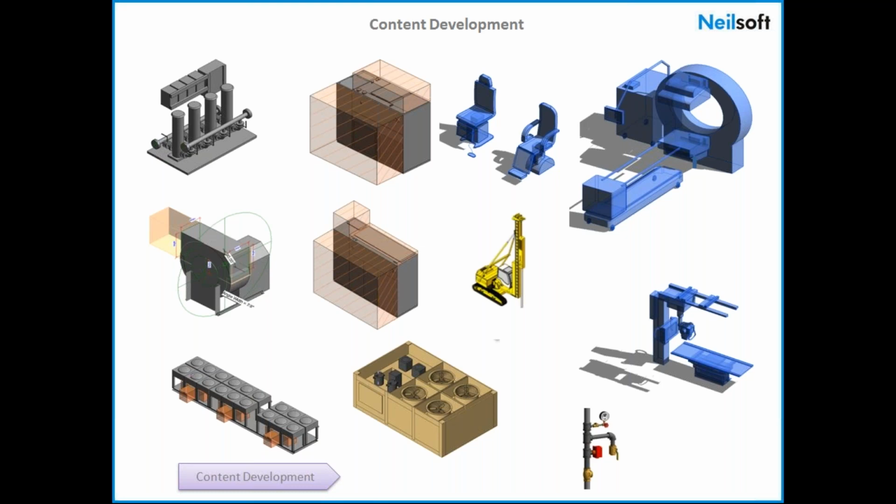So that's where we have been helping customers in developing content. And while we develop this content, we also take into consideration how we can make it more smart or intelligent, so that it can be utilized as we automate your processes. So automating some of your repetitive tasks, how we can make use of some of the properties or the smart mechanisms within the families to effectively implement the automation mechanism.